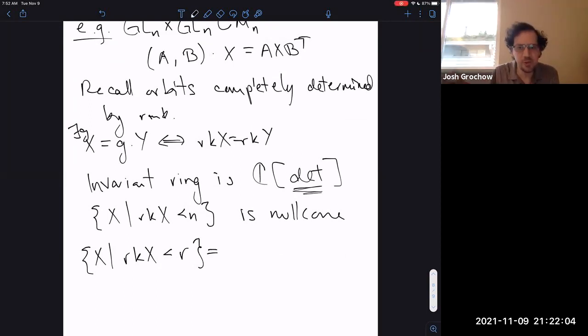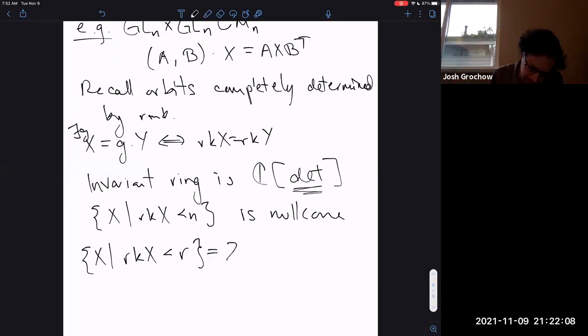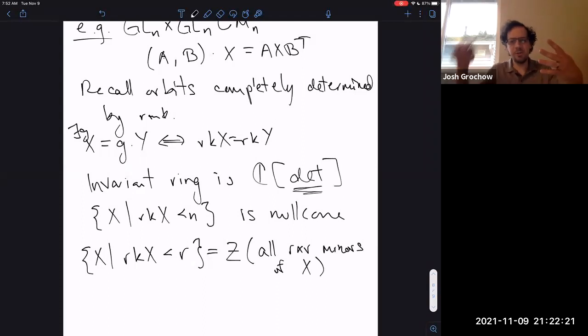Hopefully you saw this in some linear algebra class, but if not, then just take this on faith. So this is the zero locus of all R by R minors of X. So you take any R rows, any R columns, you get an R by R submatrix, you take that R by R determinant. Okay, you look at all of those, their zero locus is the set of matrices of rank at most R.